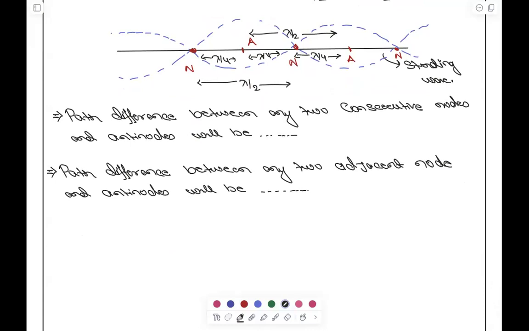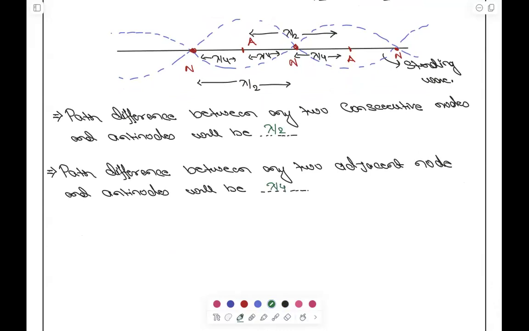What do you write in the first blank? Lambda by 2. Very good. And in the second one, lambda by 2. Very good.